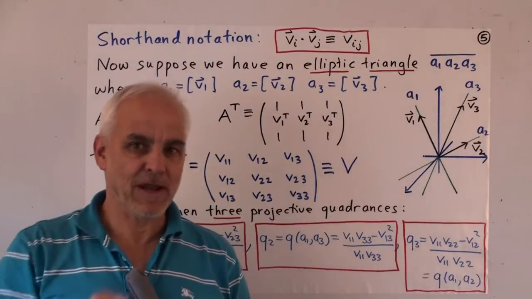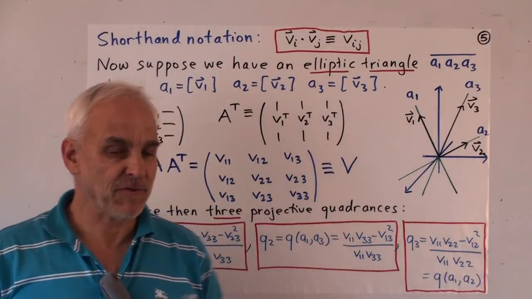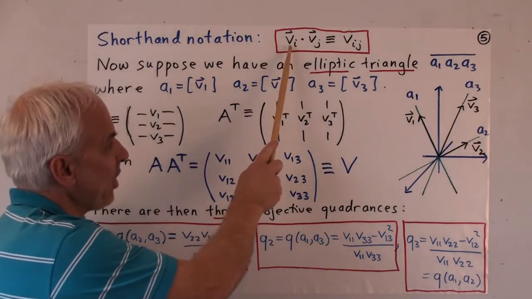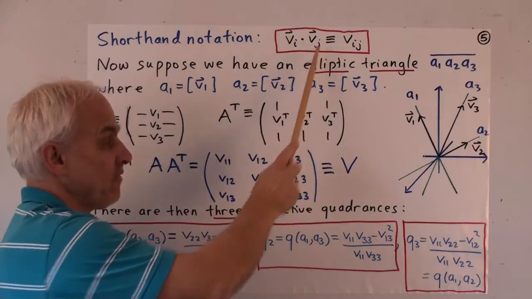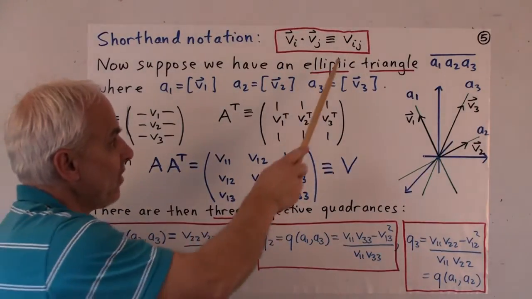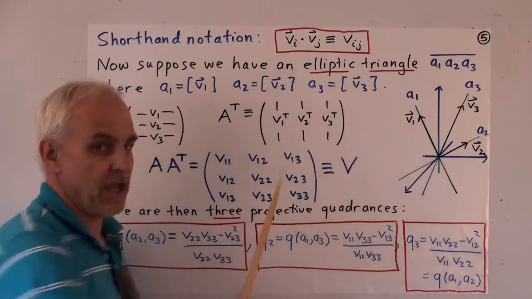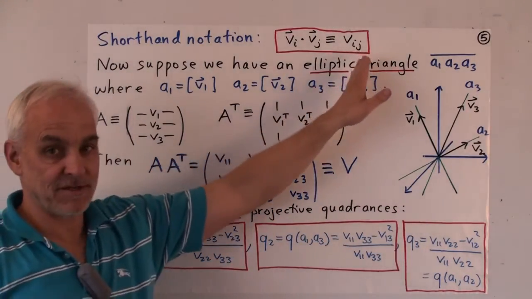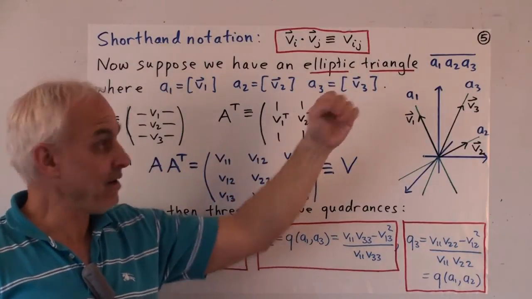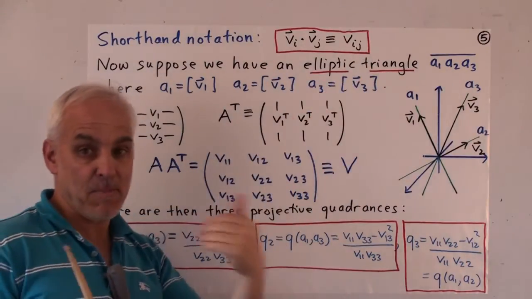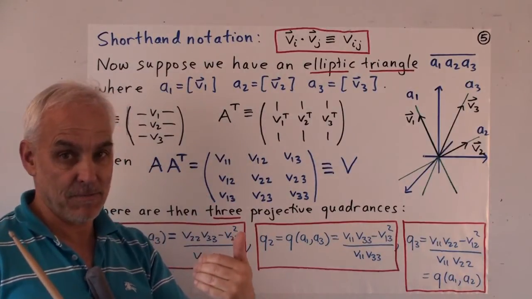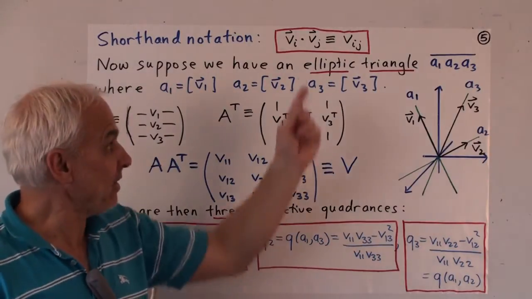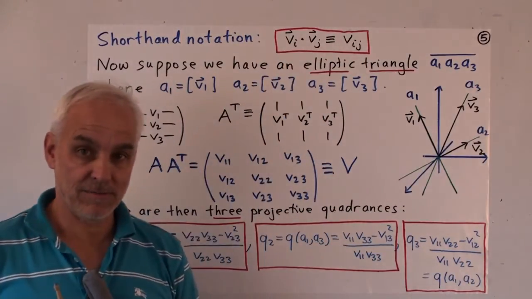Let's introduce a bit of shorthand notation, which I found very useful in this subject, which is to agree that the dot product between the vector vi and the vector vj will be denoted v sub ij. Now if you think about that matrix V that we talked about on the last slide, then this is exactly in keeping with that matrix, because the ijth entry of that matrix is exactly vi dot vj.